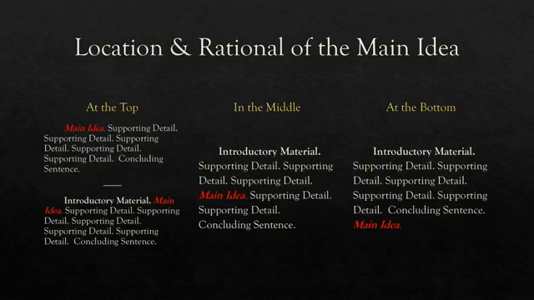So for students or readers, if they look for it at the first sentence or at the ending sentence, generally you can get a good idea of where the main idea is by looking at these two points, because often an author is trying to introduce their idea to you so that you understand it, and then at the bottom they'll want to conclude and summarize so that the reader has something to go away with.